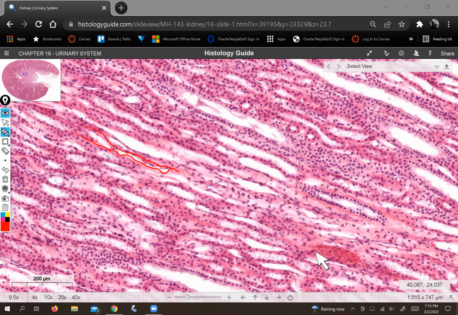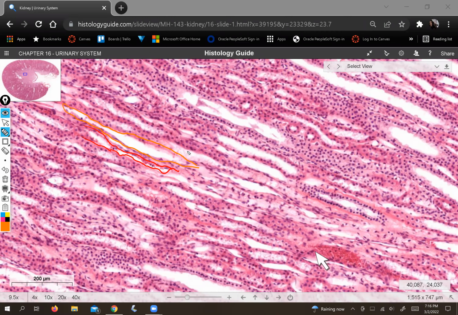And it's also next to a thick ascending limb and this guy, which is a thin descending limb. So lined with squamous, very, very simple, but no erythrocytes to speak of. And it's right up against a thick ascending limb. So that can make me confident that this one that I'm going to outline in orange is going to be a thin limb.